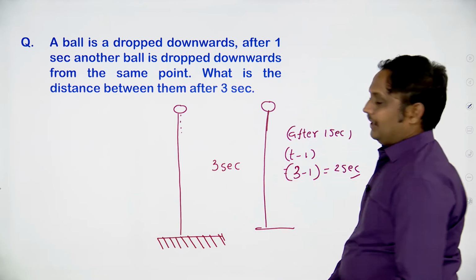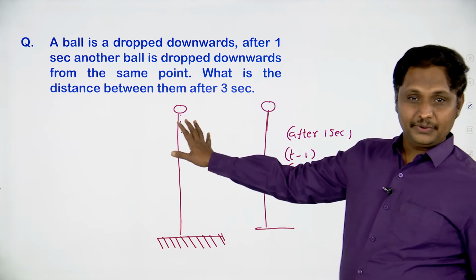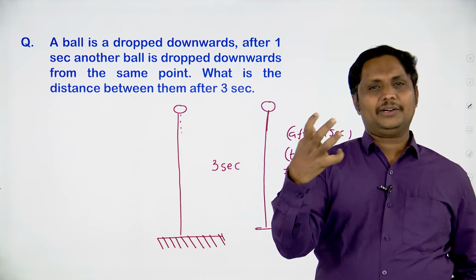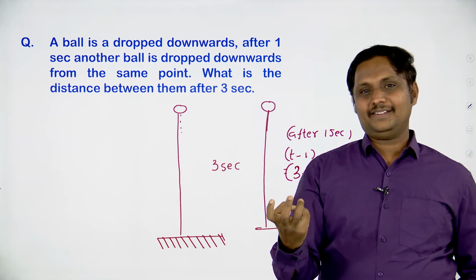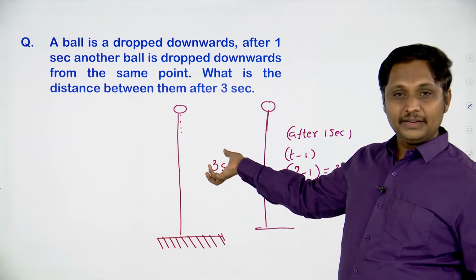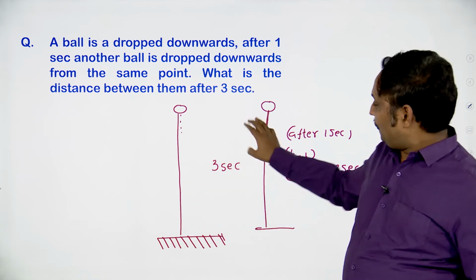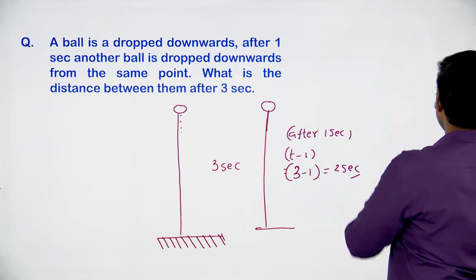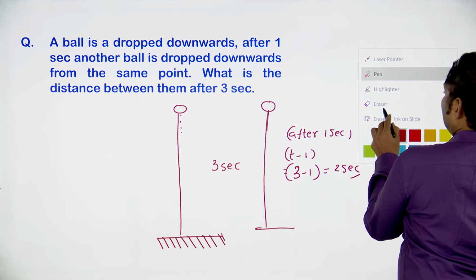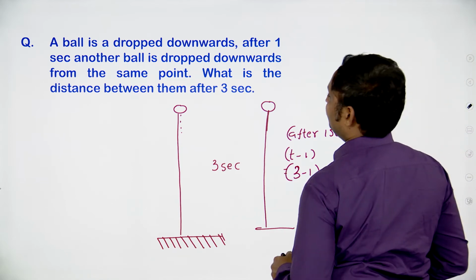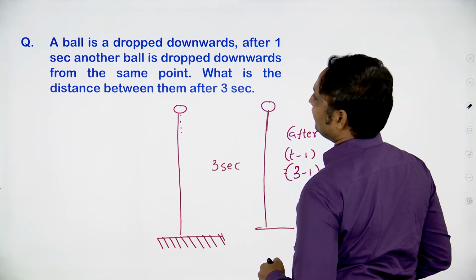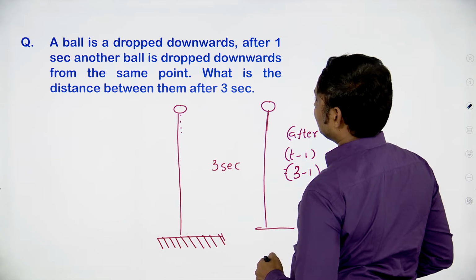Okay, let it be considered. First, we take that one ball has been released. What is the total time taken to reach the ground? It's going to be 3 seconds. It's very clear. After 1 second, another ball is dropped downwards from the same point.